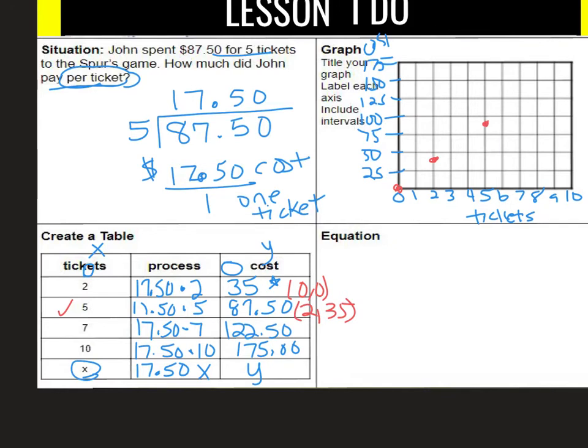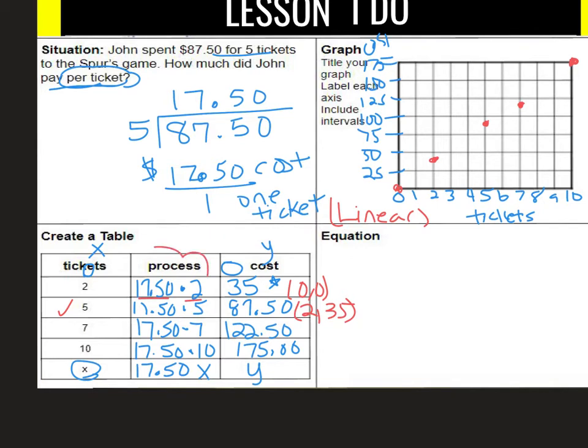And then if I buy 7 tickets, that's going to get closer to $125, which is $122.50. And I know that 10 tickets is going to be exactly $175. So what's nice is that you see your graph taking on this nice linear relationship, guys, okay? Because there's a direct relationship between the cost per ticket.